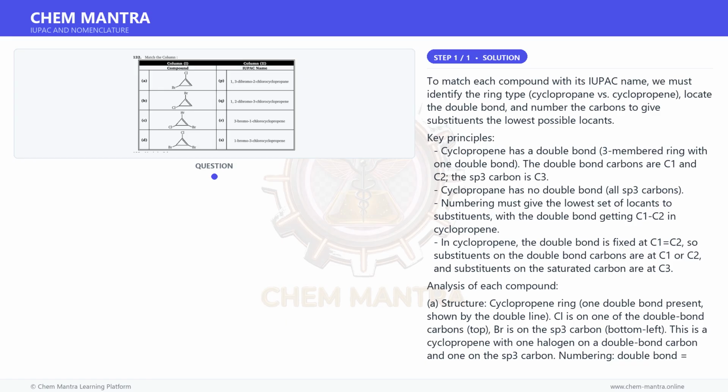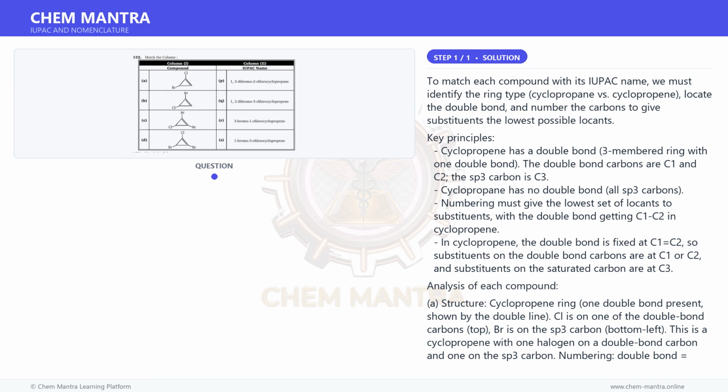Numbering, double bond C1=C2, Cl is at C1 or C2, Br is at C3. To minimize locants, Cl is at C1, Br at C3. Name: 3-bromo-1-chlorocyclopropene matches R.